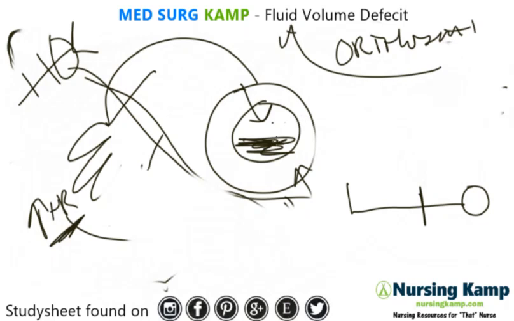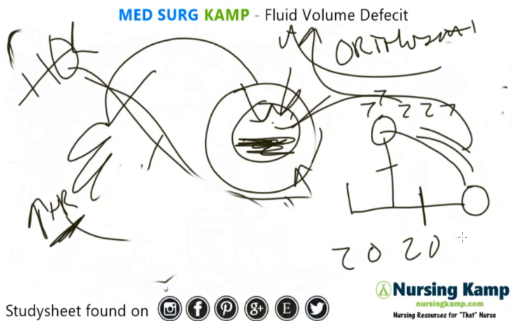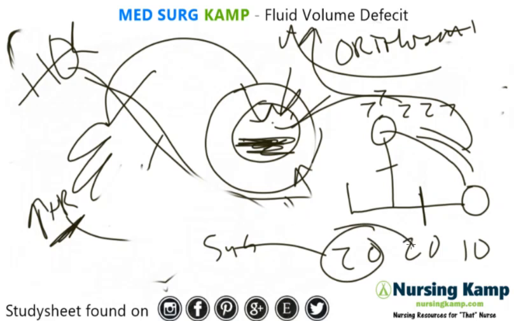And the principle is this: if the fluid volume is low, when they move up into a sitting position, the body can't really handle this, and the blood just kind of swishes and they get dizzy. That's a cue. And that is called 20-20-10. 20 change in systolic, 20 change in diastolic, and 10 change in the heart rate.